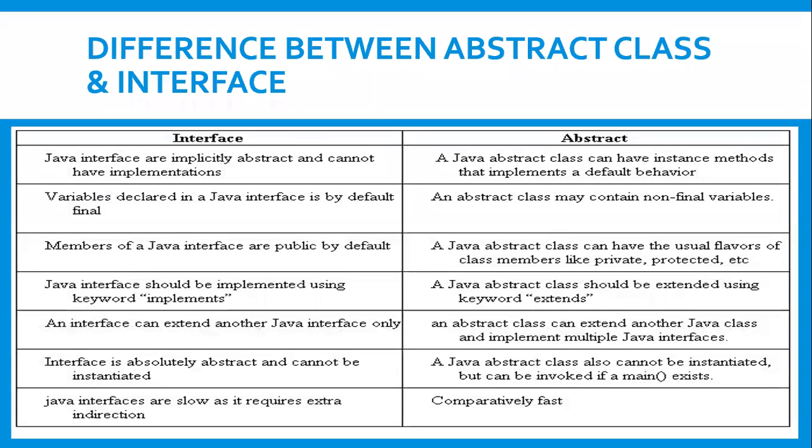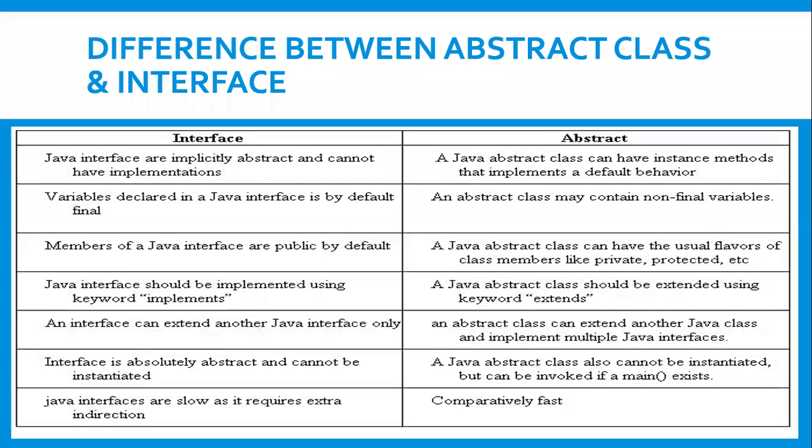An interface can extend another Java interface only. When you want to perform inheritance between two interfaces, you are supposed to use the keyword extends. But if you want to do the same thing between a class and an interface, you have to use the implements keyword.